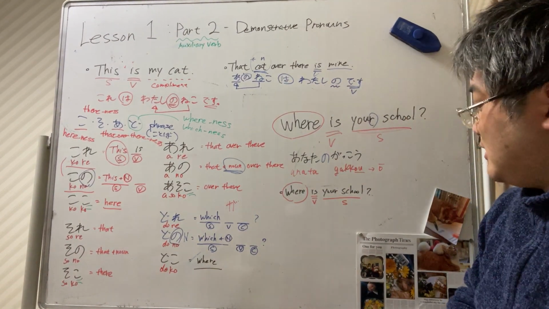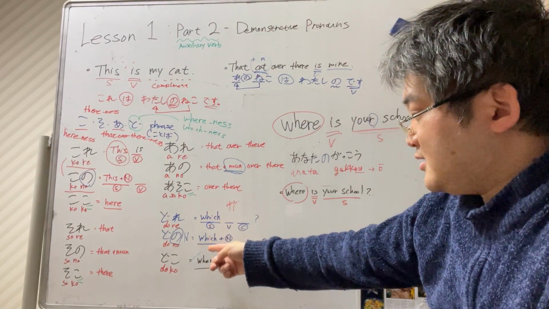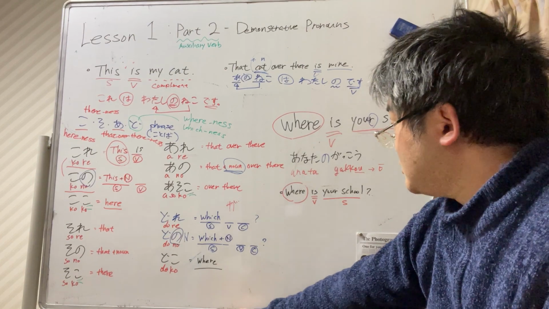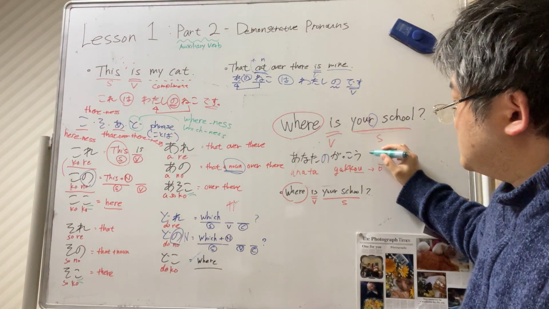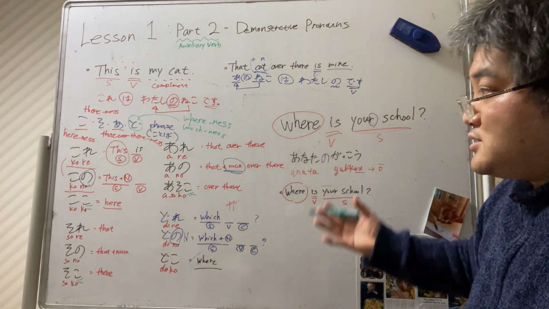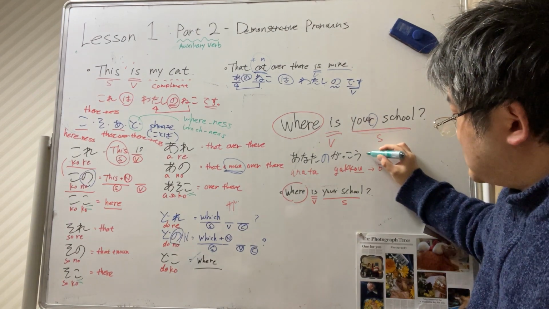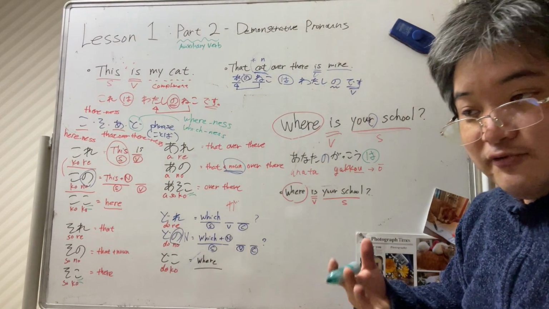And then earlier we did use ga because "which" served as a subject, but this time we cannot use ga because "where" is not a subject. So we can just follow the regular pattern of the sentence. Gakkou wa, very neutral.